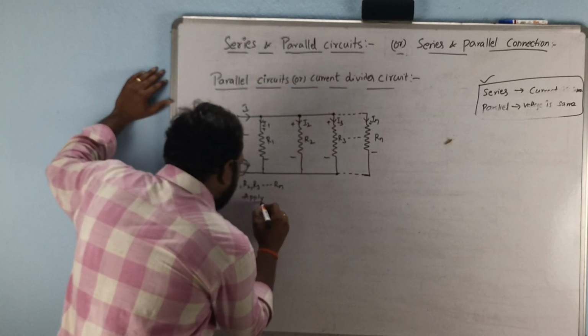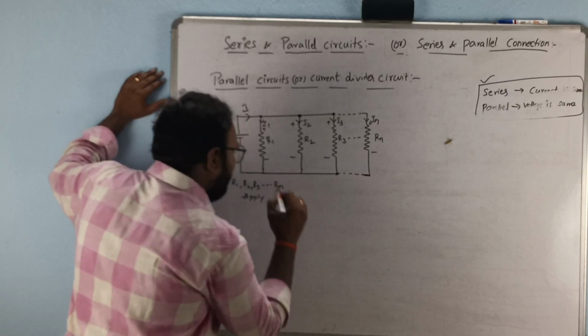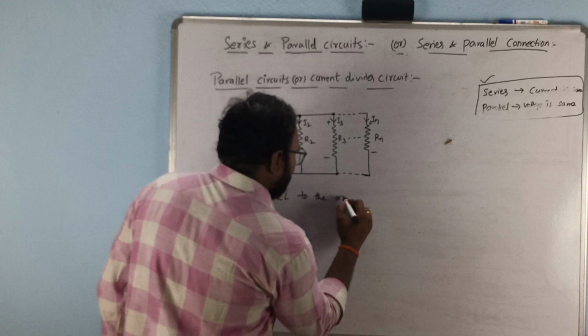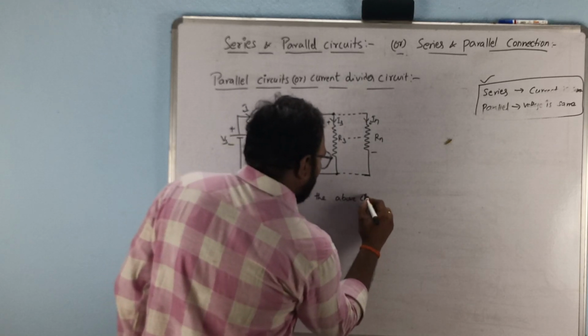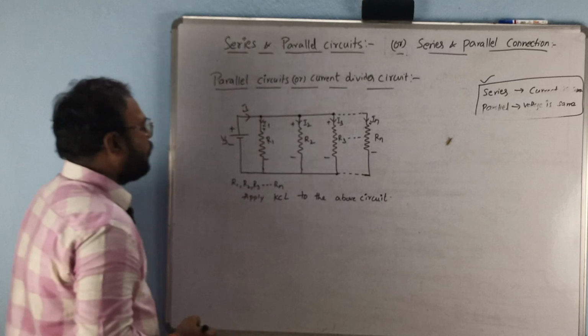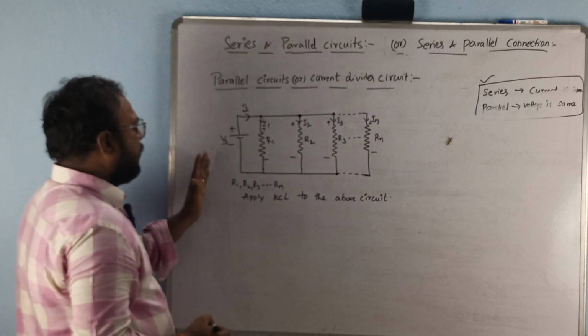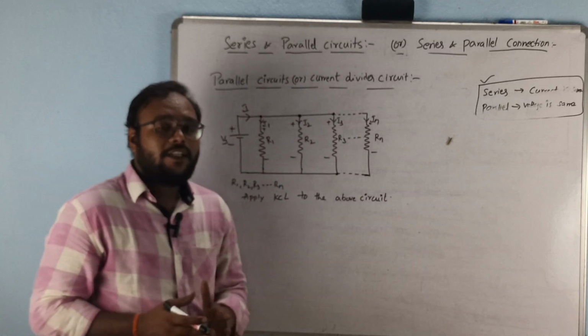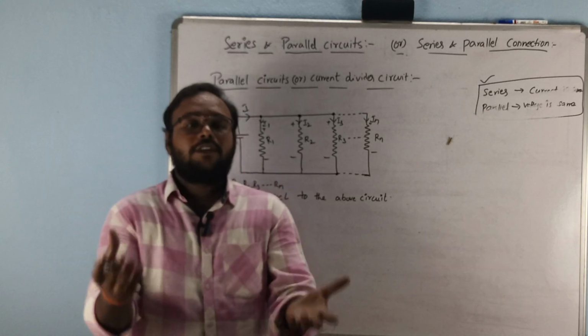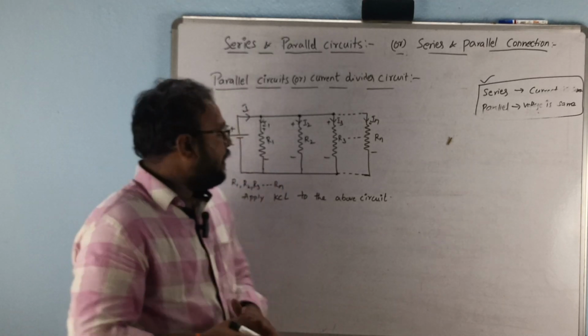Apply KCL, Kirchhoff's current law, to the above circuit. What will it become? What is the Kirchhoff's current law statement? The sum of the currents entering at a node is equal to the sum of the currents leaving from the node.